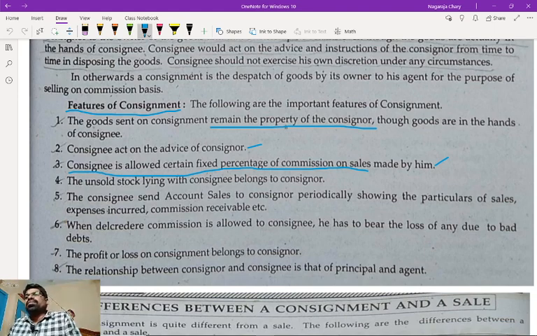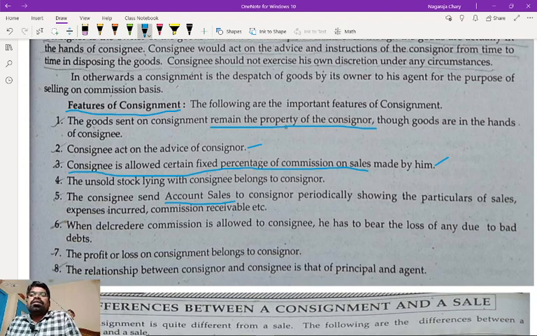commission receivable, etc. So here we are observing one new term, that is account sales. Account sales is a term that is to be discussed further in detail. Account sales means that after the completion of sales by the consignee or agent, the detailed information about whatever goods were sold should be sent to the consignor.